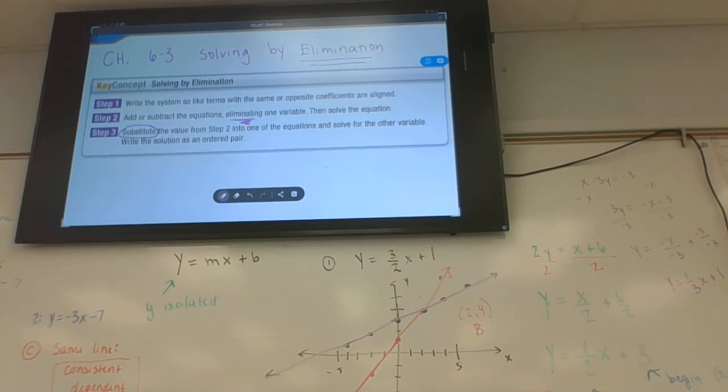X is not aligned with X on the line below it. So by aligning, we mean set the equations up so that they are in the same order. If I was to align this, I would put the X here and the Y here. So you reorder them so that like terms are matched up.